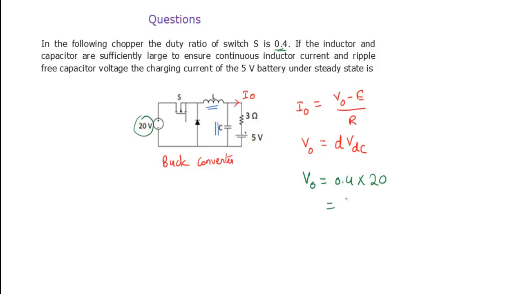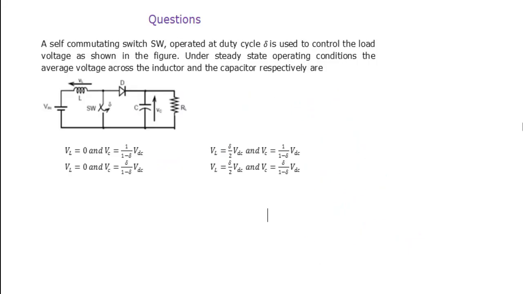So that means it is 8 volts. Then I average, or charging current of the battery, is nothing but 8 minus back EMF, given 5 volts, by resistance 3. That means it is 1 ampere. Okay, so that's what. Next question.